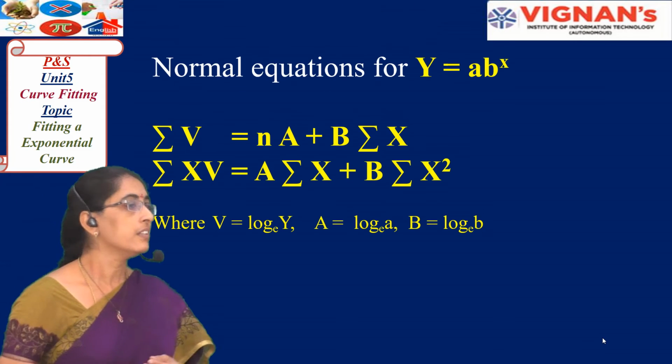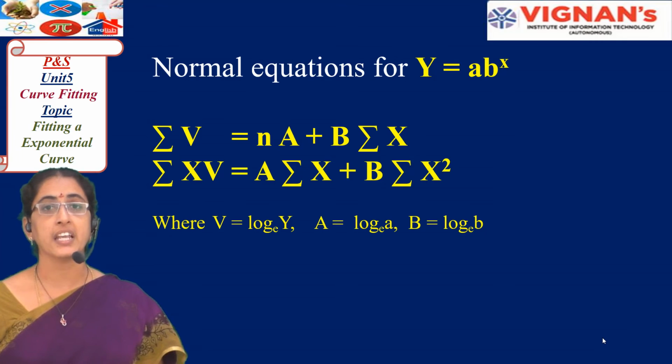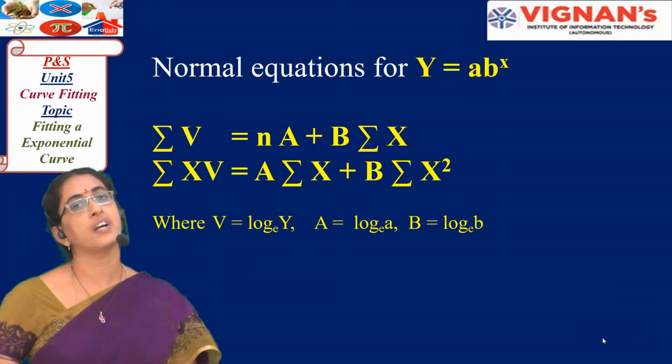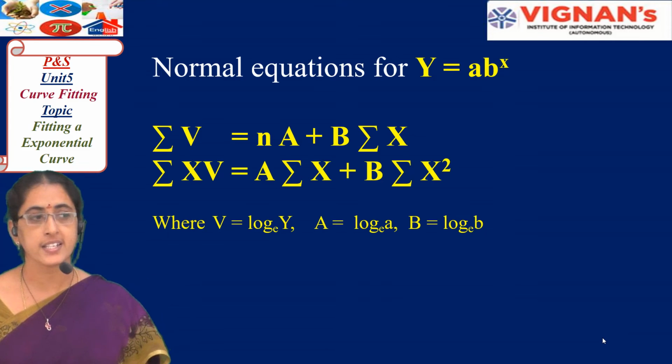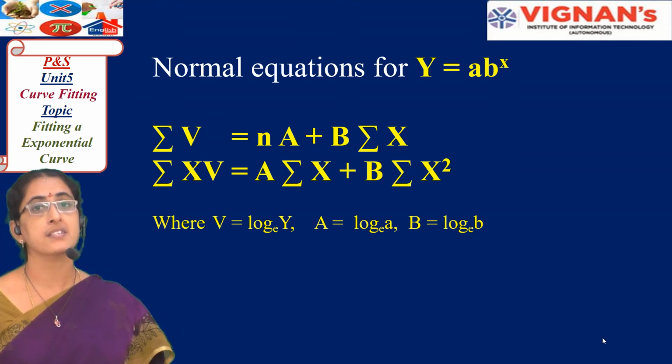Then the next type of exponential curve is y equal to a into b power x. The two normal equations for y equal to a into b power x are: summation v equal to n into capital A plus capital B into summation x.